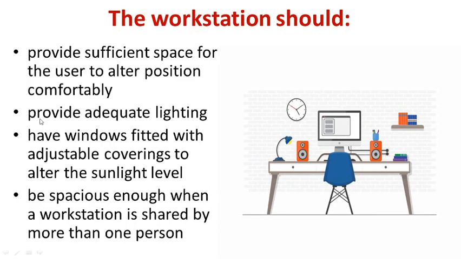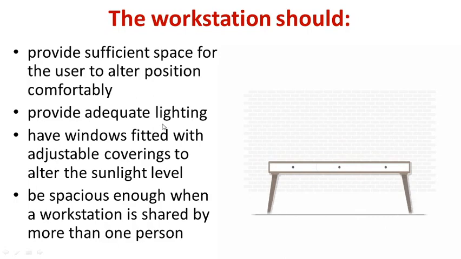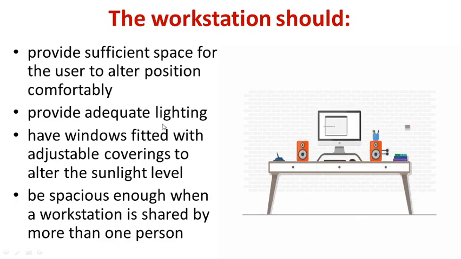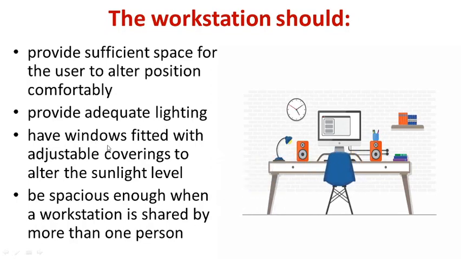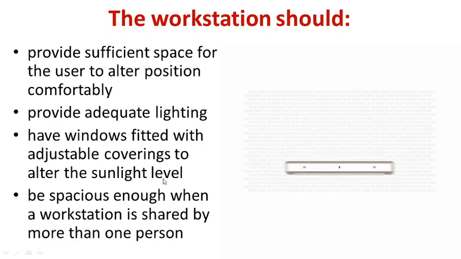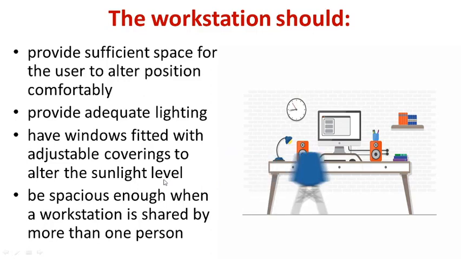Second point reads, provide adequate lighting. Obviously, the room should be properly illuminated to provide proper visibility. Third point states, have windows fitted with adjustable coverings to alter the sunlight levels, which means that windows should be provided with curtains that can make the room properly ventilated with appropriate amount of sunlight.